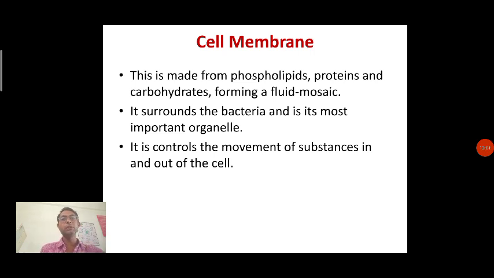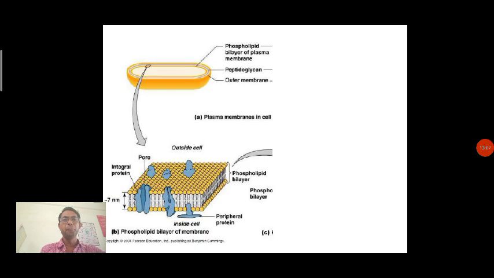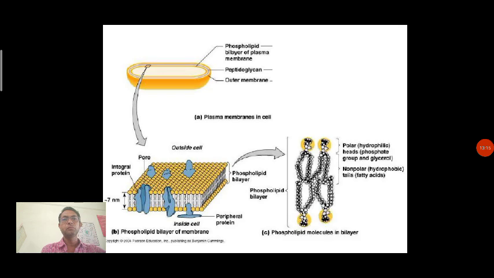So this is the cell membrane. Here you can see the cell membrane is shown over here. This type of fluid mosaic bilayer structure is present in bacteria.